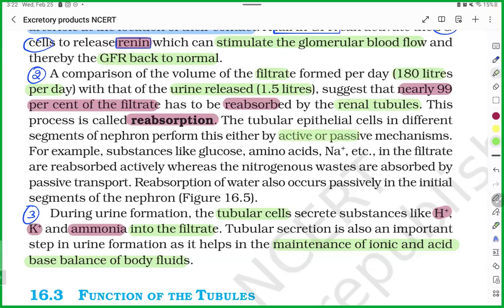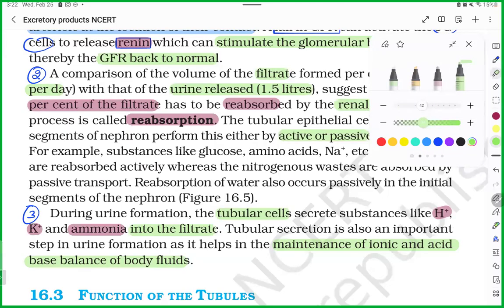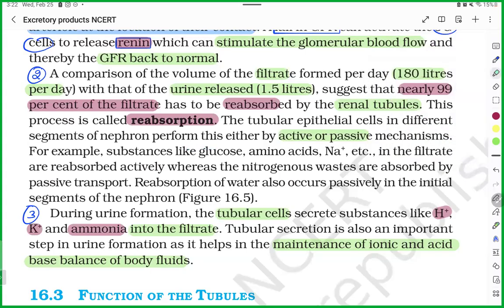It can be either active or passive. Most things are reabsorbed passively, but there are a few things absorbed actively. That is food, glucose, amino acid, or sodium. These are reabsorbed actively with the help of energy.